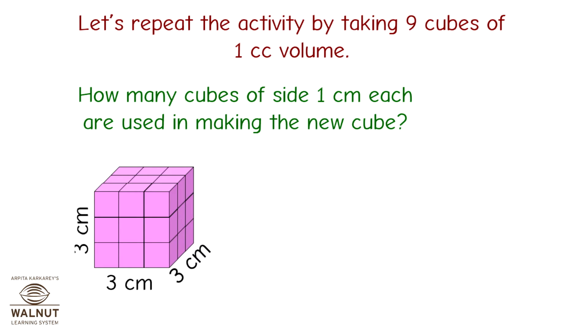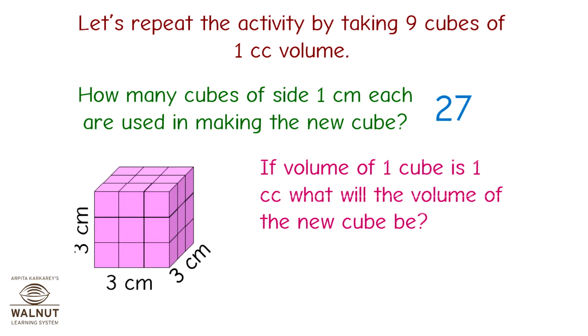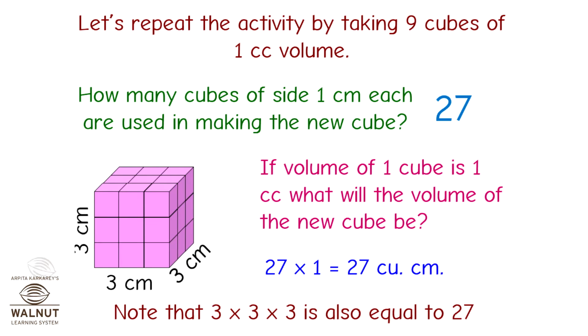How many cubes of side 1 centimeter each are used in making the new cube? 27. If volume of one cube is 1 cc, what will be the volume of the new cube? 27 into 1 is equal to 27 cubic centimeters. Note that 3 into 3 into 3 is also equal to 27.